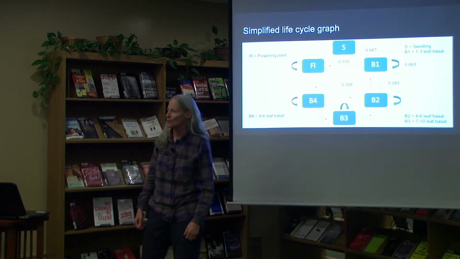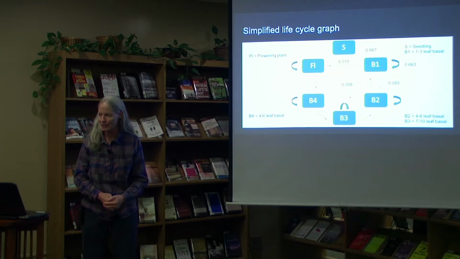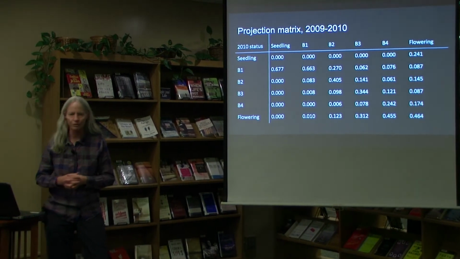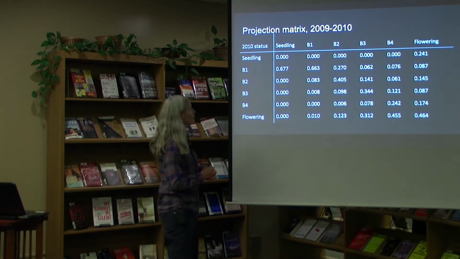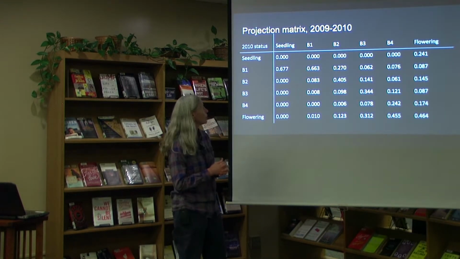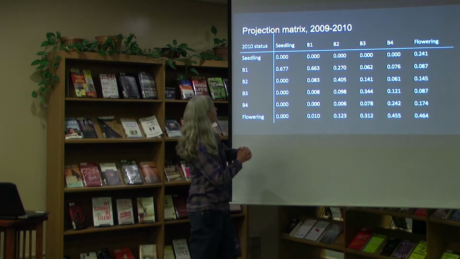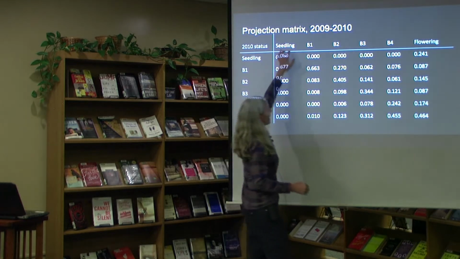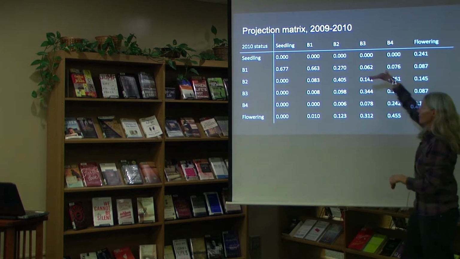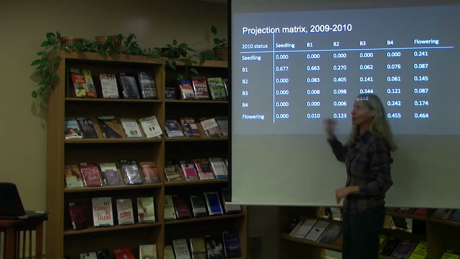Okay, so I could put in those numbers for every stage and try to figure out what's happening with my plants. But it's easier to look at if you just put it in a matrix. So this is a population projection matrix. What I have here is the status in 2009 shown in the columns, and the status of these plants in 2010 shown in the rows.